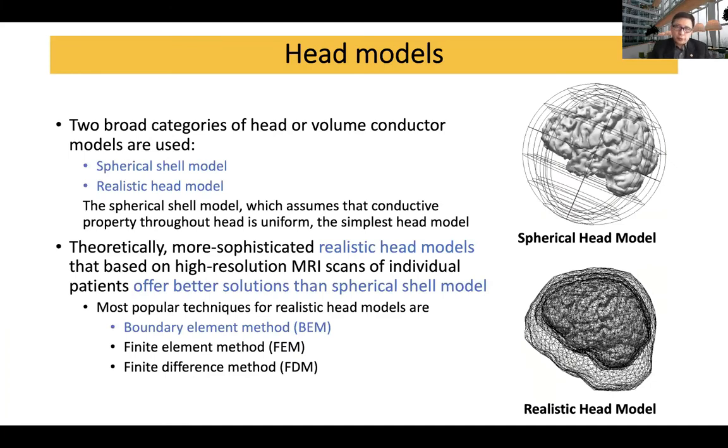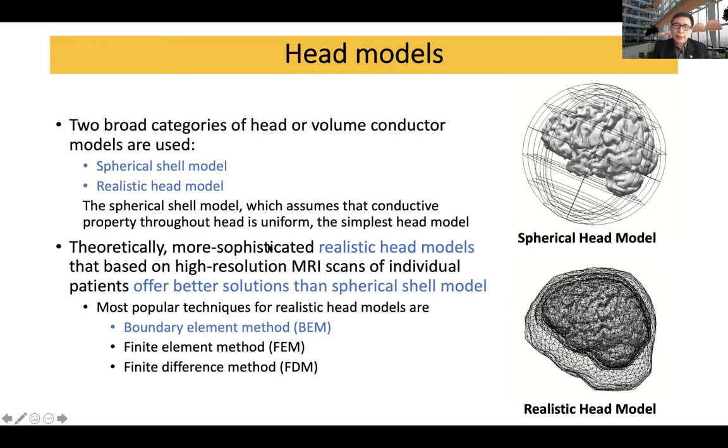To do that, we have to get the head model. We have two broad categories of head and volume conductor models used for ESI. One is the spherical shell model, and another, more sophisticated, is the realistic head model. The spherical shell model assumes that the conductor property throughout the head is uniform; that's the simplified head model.